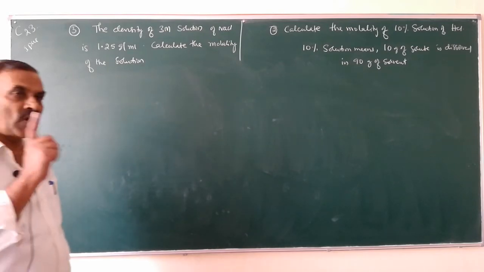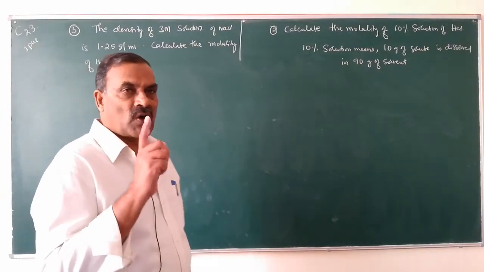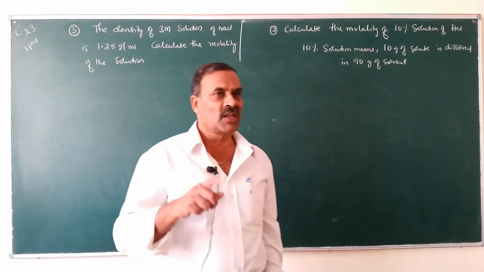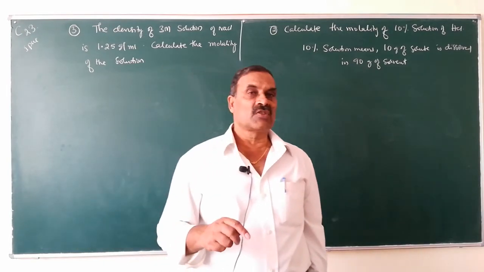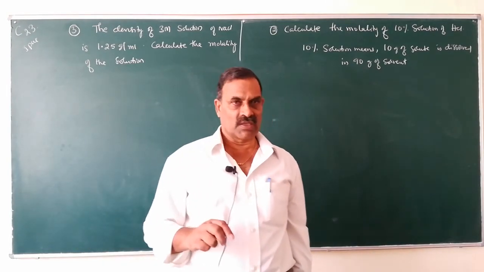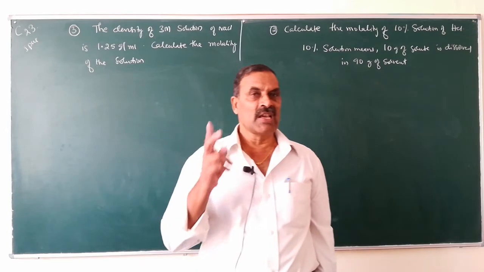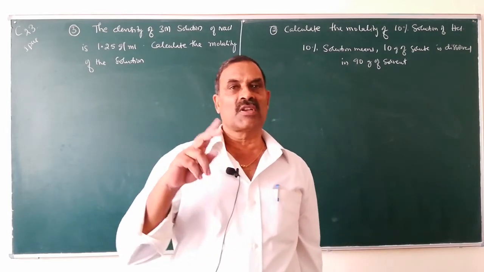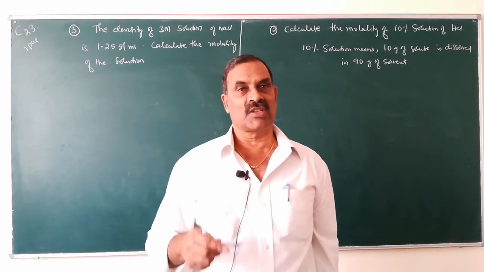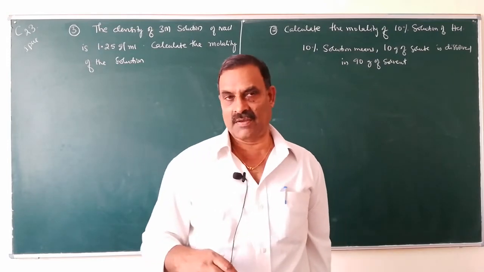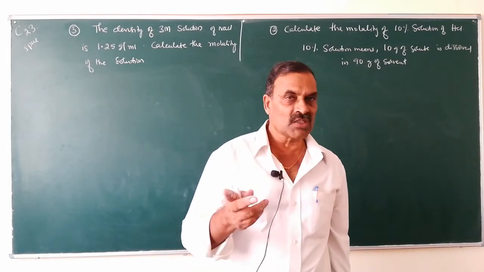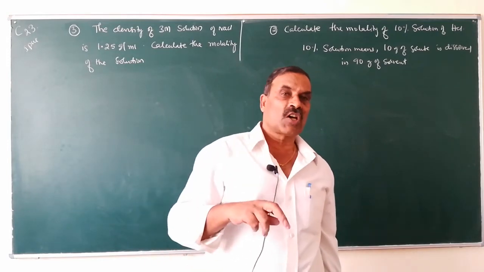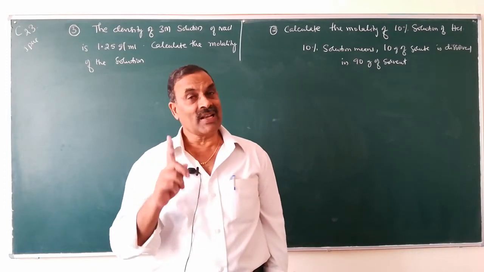So what is a 1 molar solution? If 1 mole of solute is dissolved in 1 liter of the solution, it is called a 1 molar solution. 3 molar solution means 3 moles of solute dissolved in 1 liter of the solution. Similarly, what is a 2 molar solution? 2 moles of solute dissolved in 1 liter of the solution.